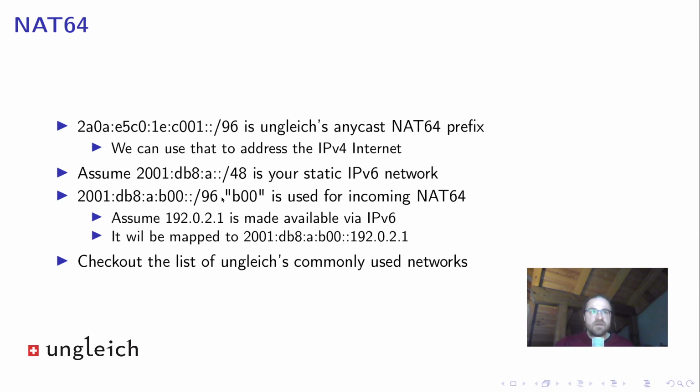The /96 in the IPv6 world corresponds to 32 bits. And if you remember, the whole IPv4 internet is also 32 bits, which means that if you want to have one IP address, two IP addresses, four IP addresses, or the whole IPv4 internet mapped to your IPv6 network, it all works. The practical limitation is that at ungleich we don't own the whole IPv4 internet.